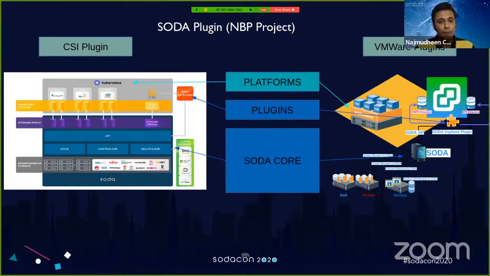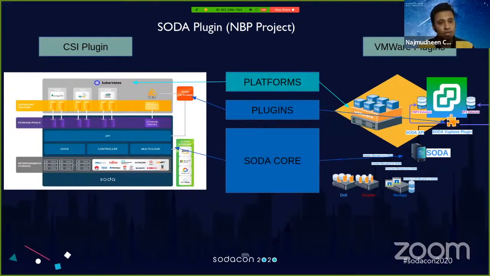Northbound plugins are the SODA-provided plugins to these platforms so that the SODA framework can be integrated with that platform. From SODA, we basically have two plugins available now: one is the CSI plugin, another one is the VMware plugin.